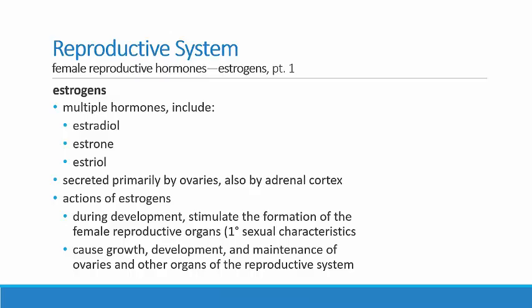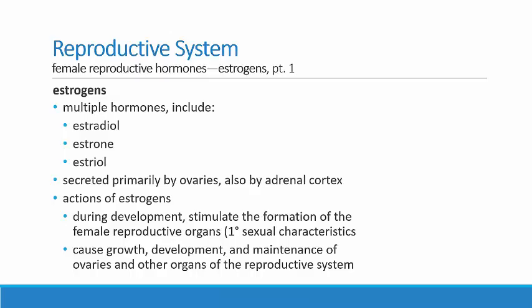So we're talking about the ovaries, the uterus, the uterine tubes, the vagina, the clitoris, and so on. Those are all going to develop because of the estrogen that's being released during fetal development.